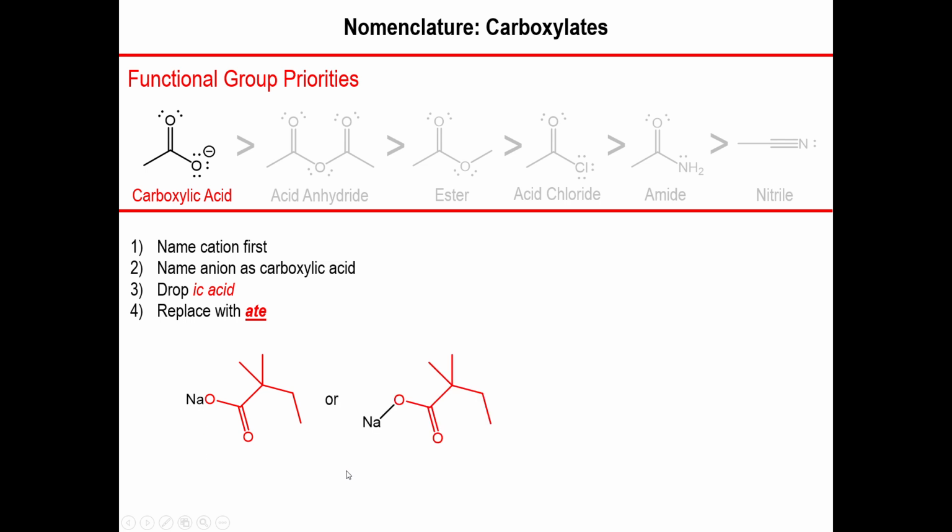One more thing I should tell you before we get into the naming: I have different ways of presenting the same conjugate base ionic salt. Sometimes I'll present it like this, just right next to each other. Other times I'll draw a bond between the sodium and the oxygen to emphasize that connection. Or other times I will draw them as they probably ought to be represented anyway, as an ionic interaction.